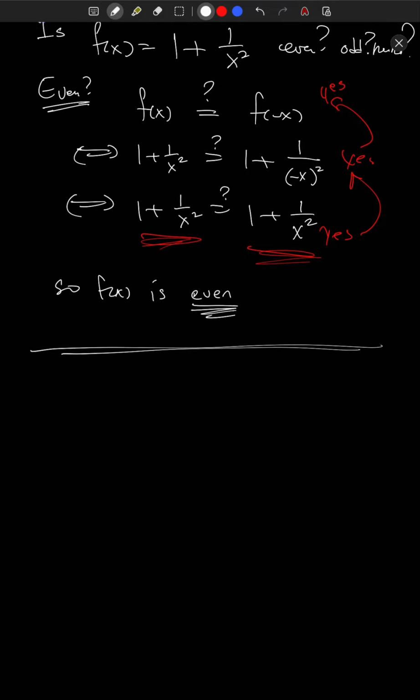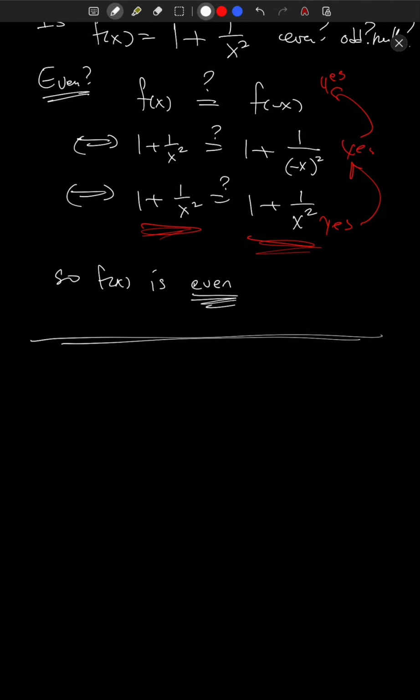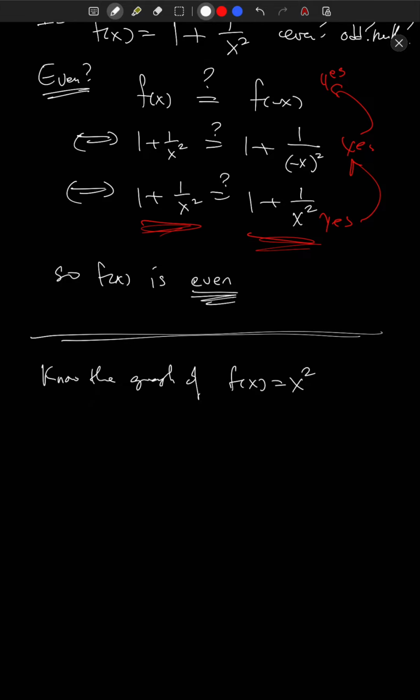All right, so before I quit, here's something for you to think about. So let me write like this: knowing the graph of f of x equals x squared, right? We know the graph of this. You should know the graph of this, right? Is knowing, so this looks weird.